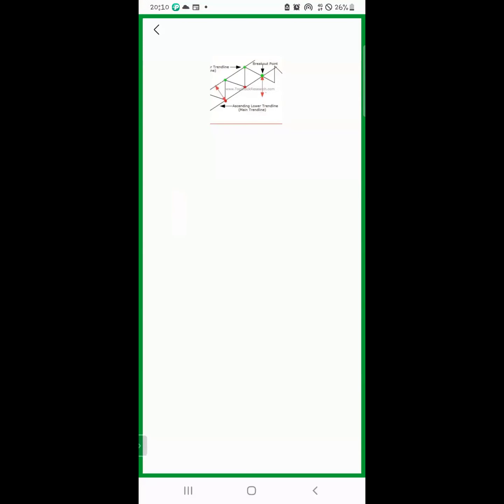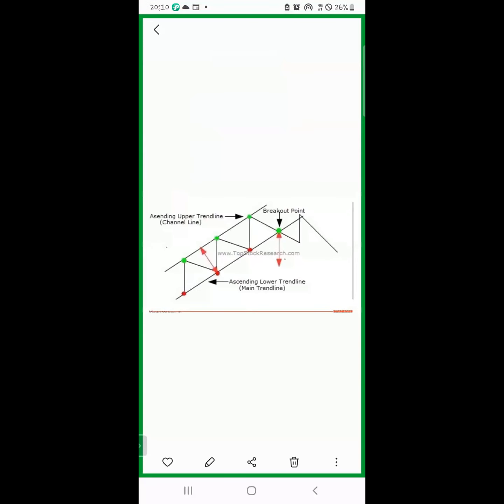So when we are trading with the channels, we have 2 types of channels: ascending channels and descending channels.